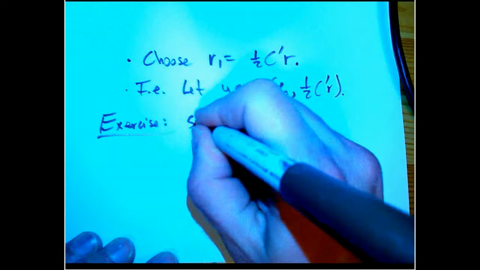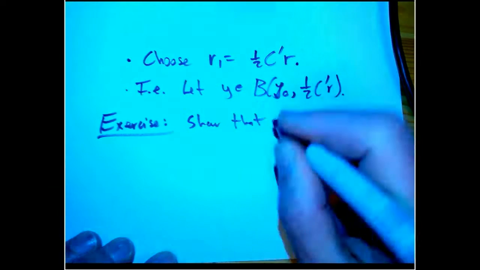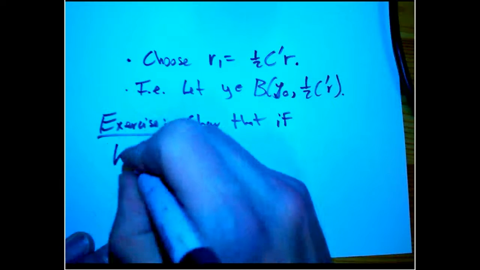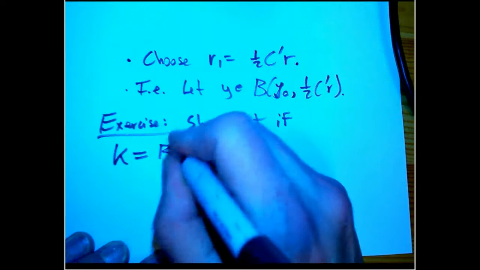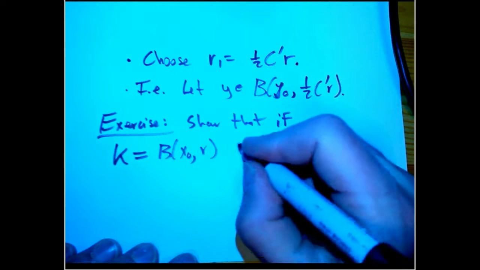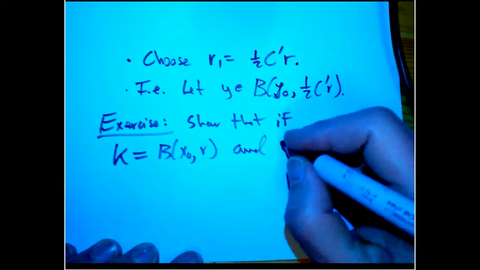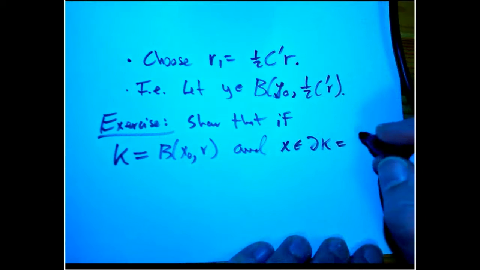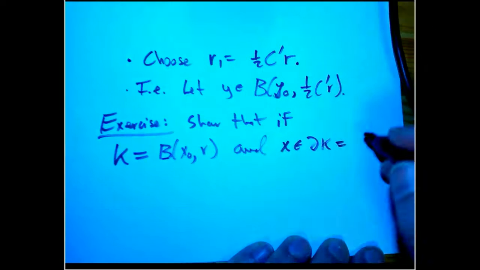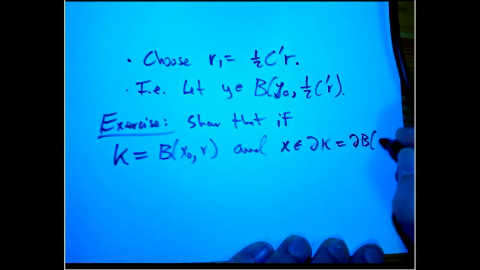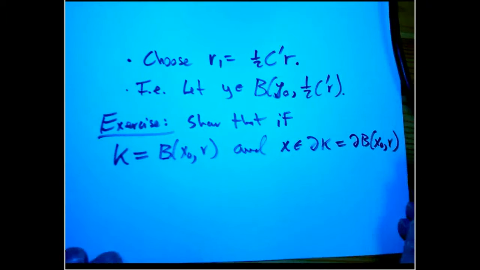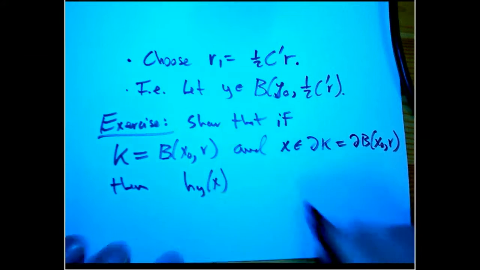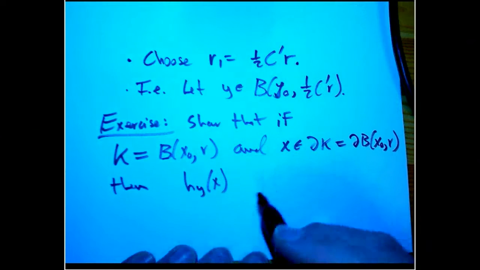We just need to show that if K, our compact set, is the ball around x naught with radius r, and x is in the boundary of K, which is just the sphere, so we'll just call it the boundary of the ball, then we want to show that hy of one of those guys can't possibly be a minimum for hy on this set.